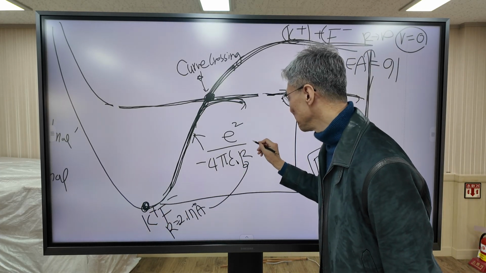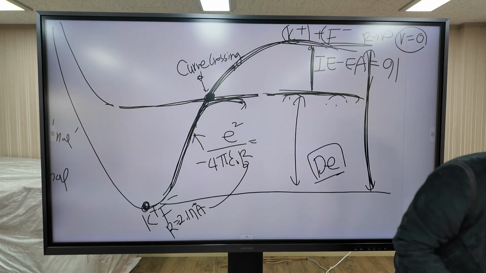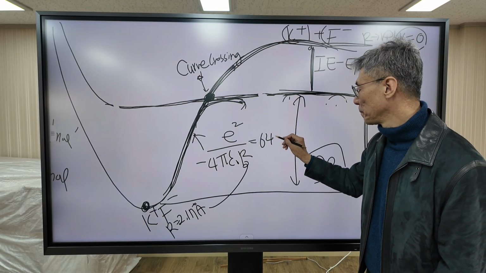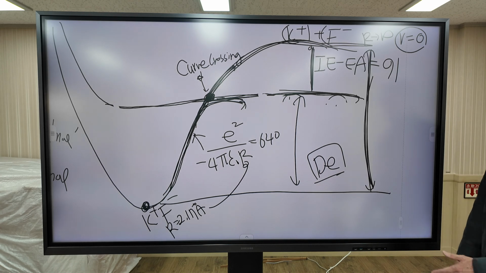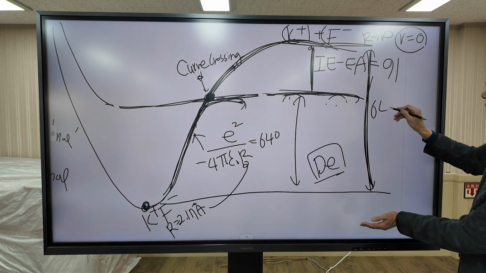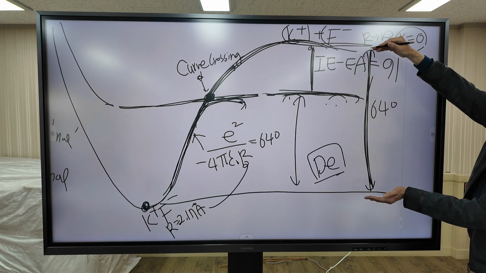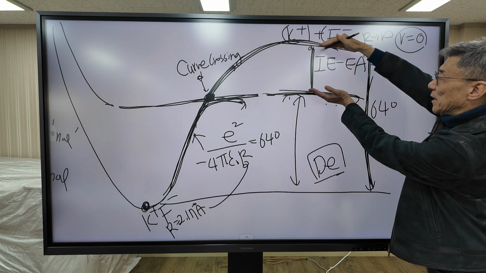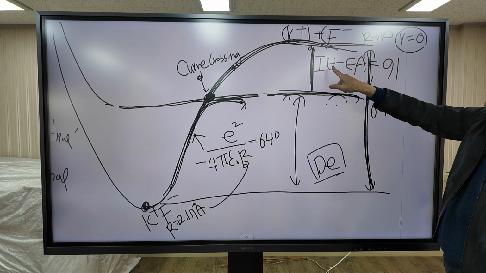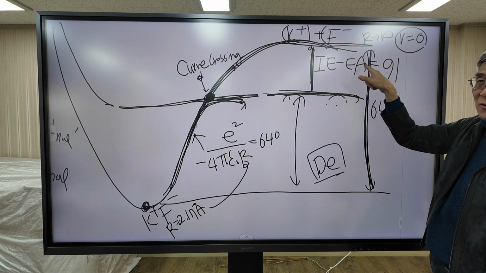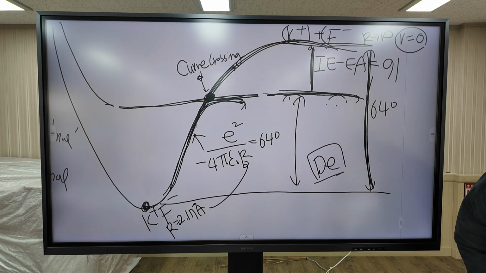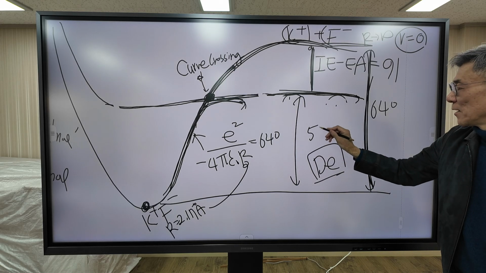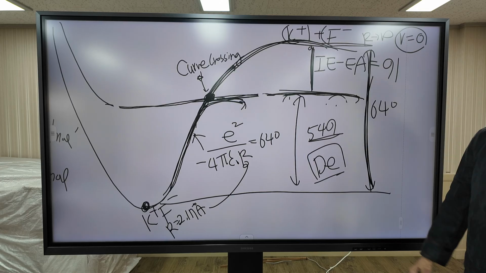This energy equal to 640 kilojoule. So now this one is 640 kilojoule, and this one is 91 kilojoule, which is equal to ionization energy minus electron affinity. So you can determine dissociation energy, which is equal to 594 kilojoule.